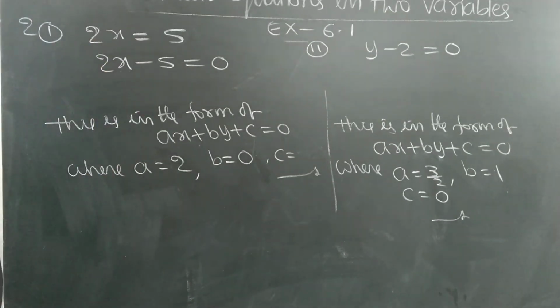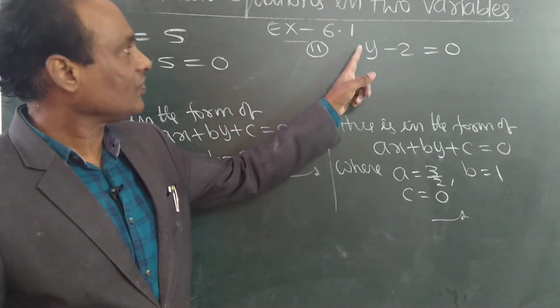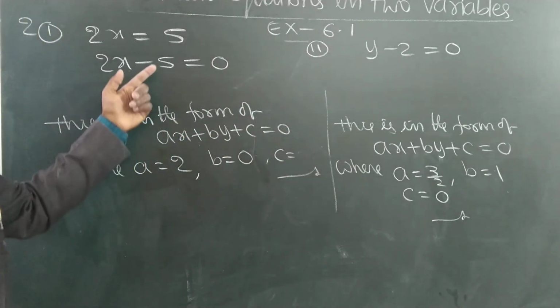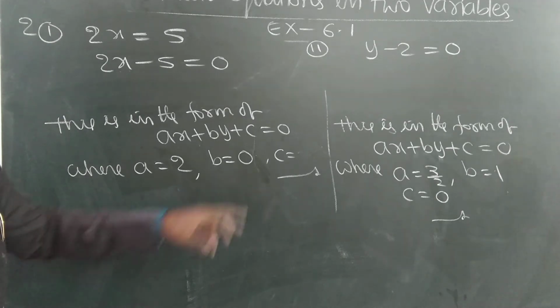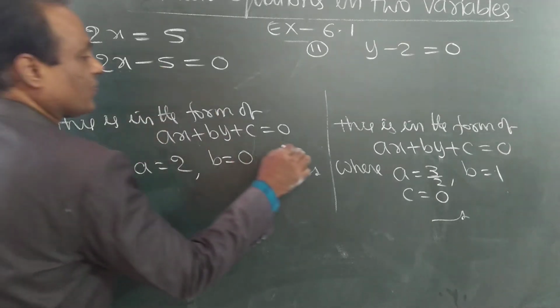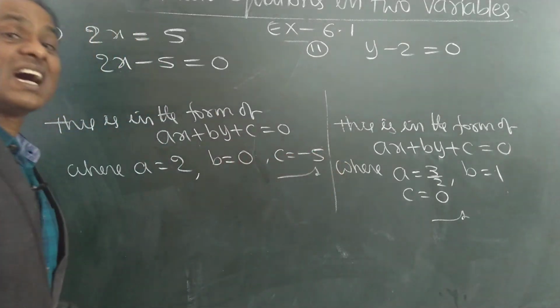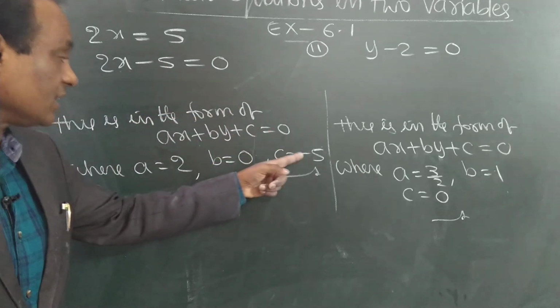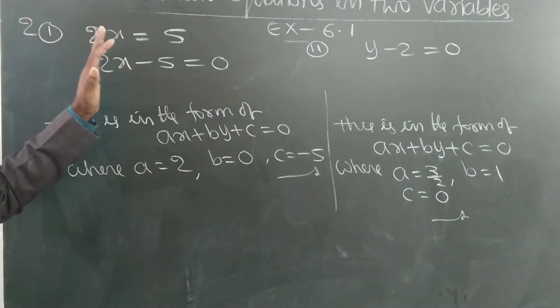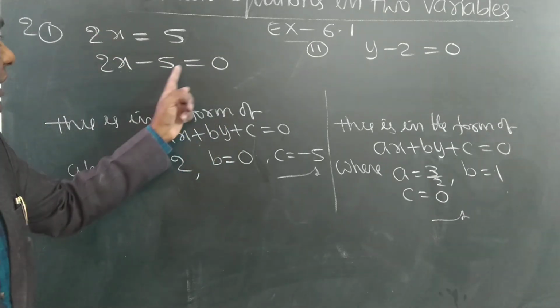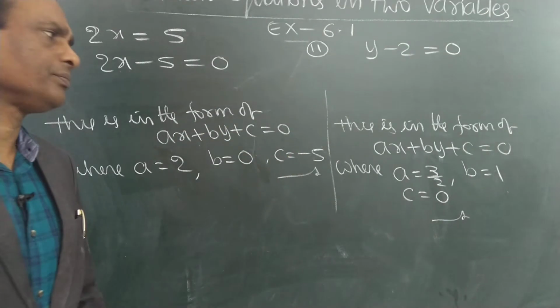If there is one y, we take it as 1. But there is no y, so the y coefficient is 0. Constant is minus 5. So a is equal to 2, b is 0, c is minus 5. That's it.